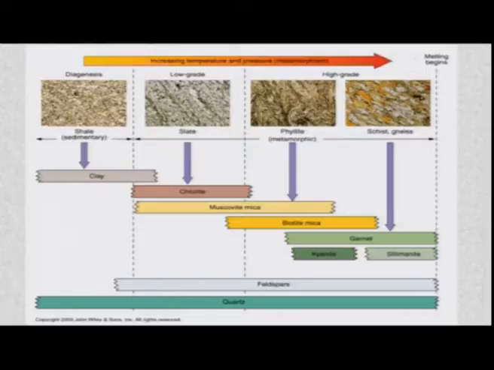Okay, so of course this depends on what you are putting in. So you have a sandstone which is rich in quartz and feldspar, your product will be quartzite, and if you are having limestone, then the product is marble here.